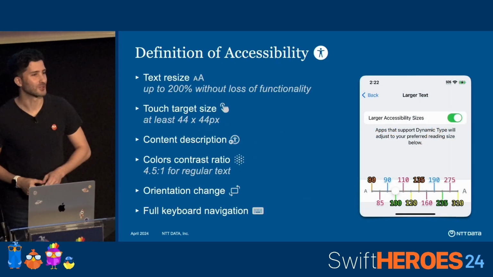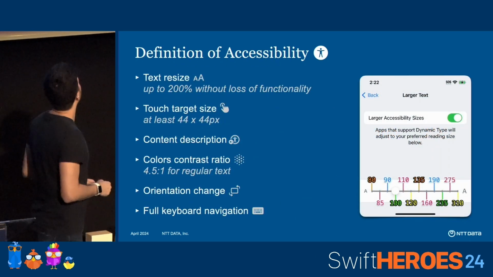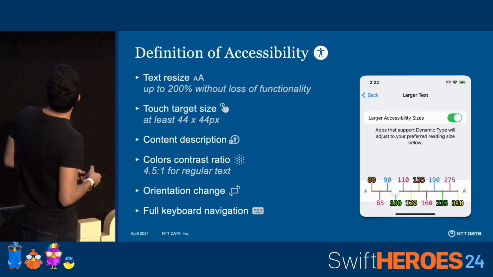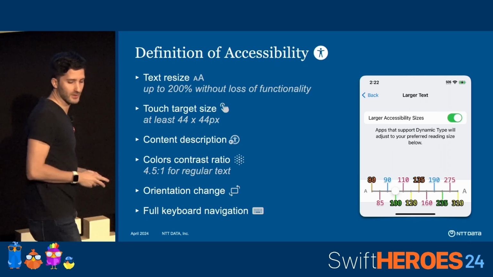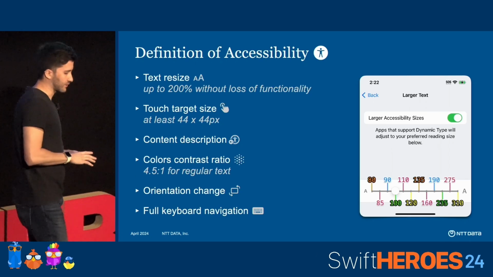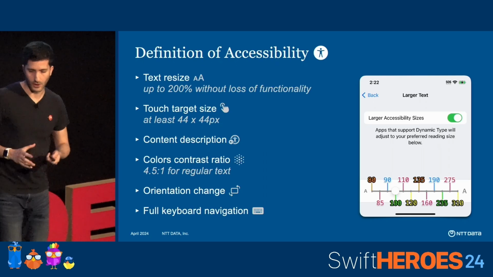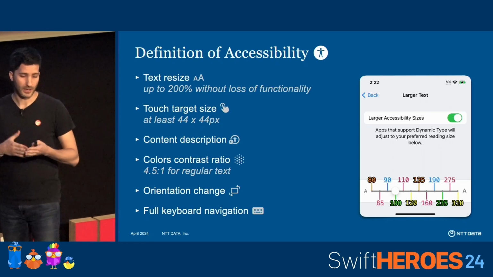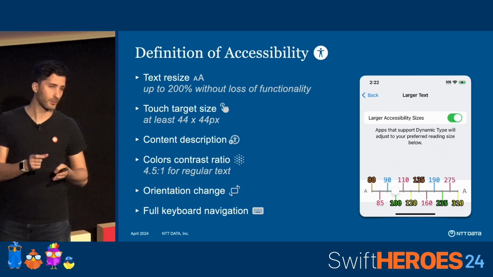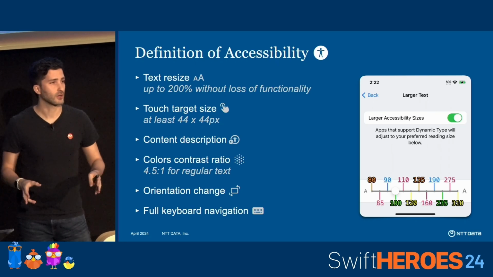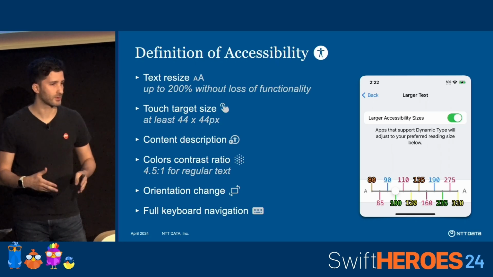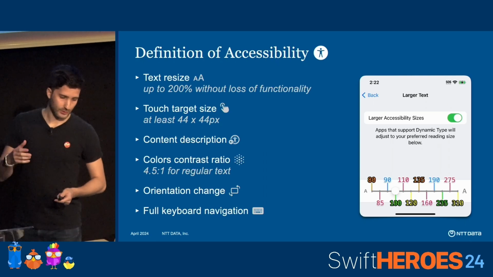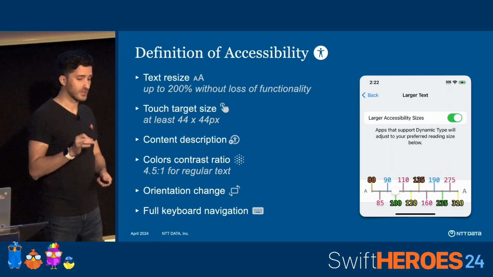These are the guidelines that we should follow. We need our apps to function with text size up to 200% without loss of functionality or content. We should let the user touch our buttons at a size of at least 44 pixels. We should provide a content description for all the elements that we present on screen. We should be careful about color contrast ratio.